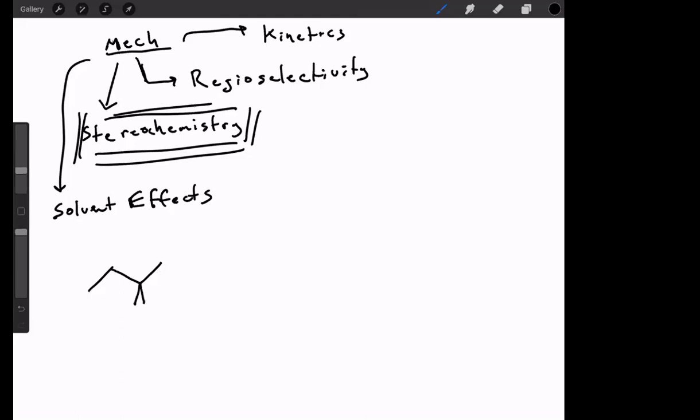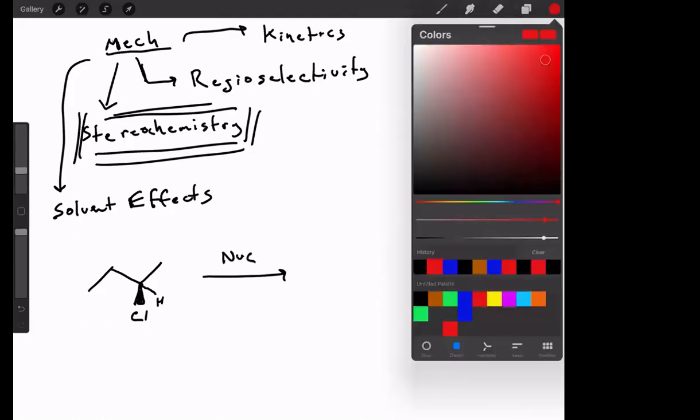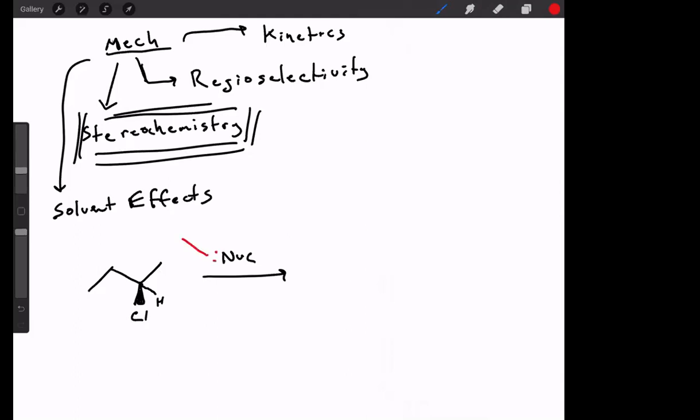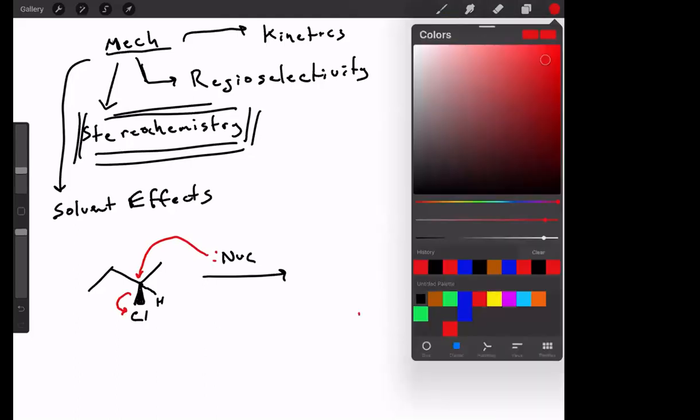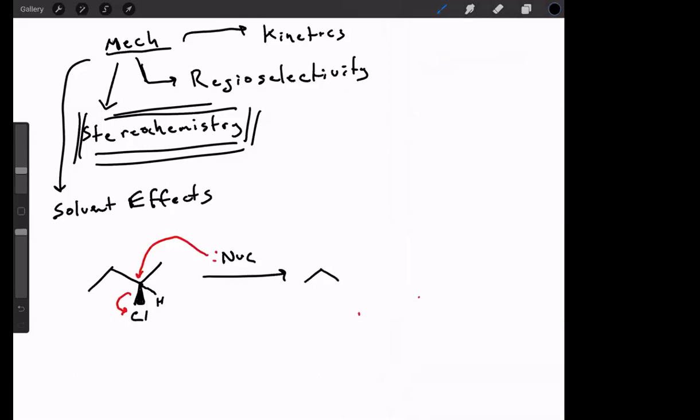So the first thing I want to do is go back to my S-2-chlorobutane and let's have it do a substitution reaction. It's going to have the nucleophile attack that carbon. The leaving group is going to leave, and we're going to substitute the leaving group for the nucleophile.